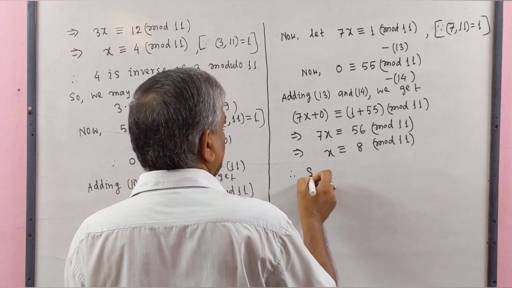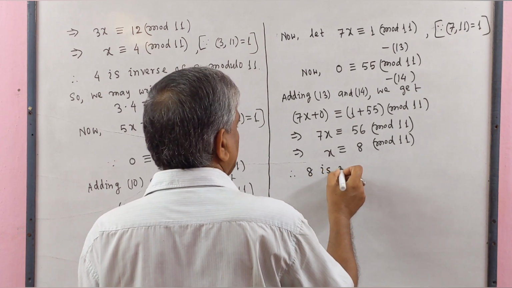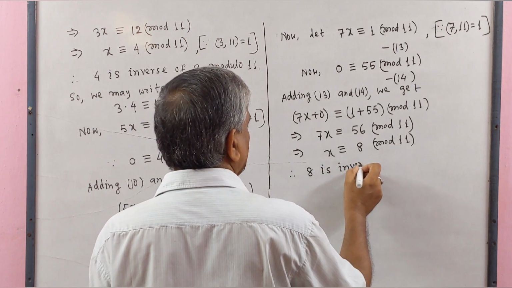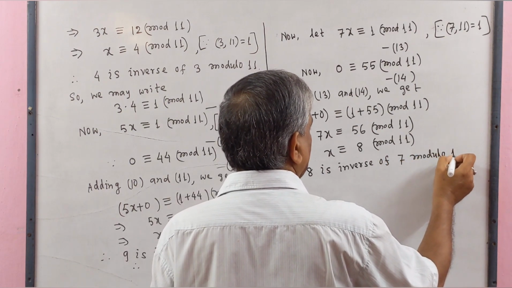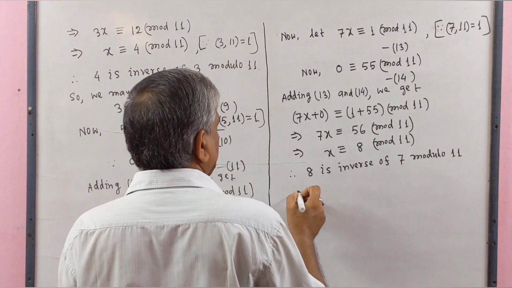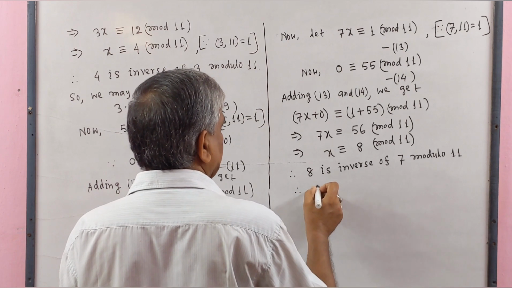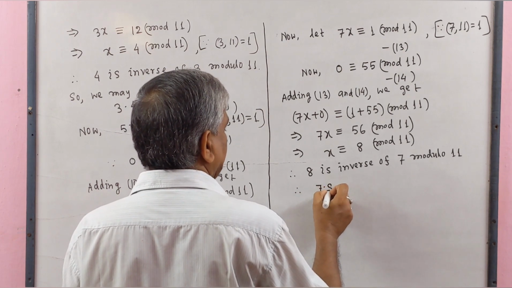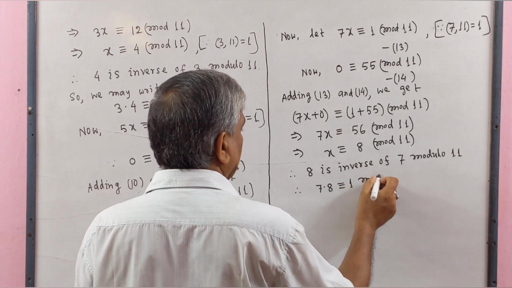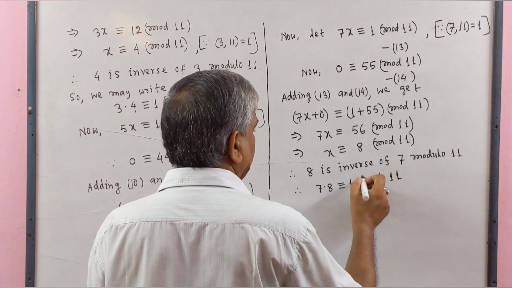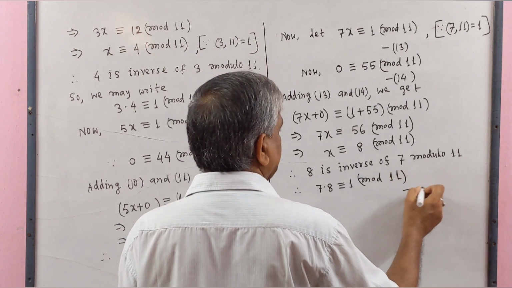Therefore, 8 is inverse of 7 modulo 11. Therefore, we may write 7 multiply 8 is congruent to 1 modulo 11.